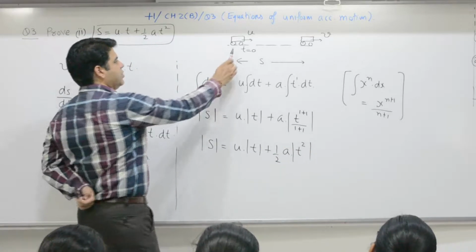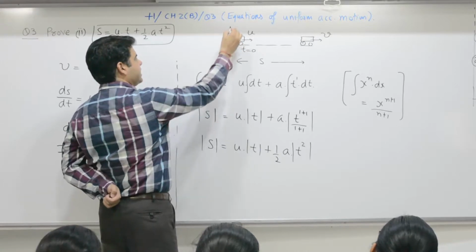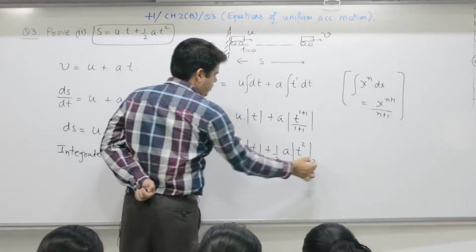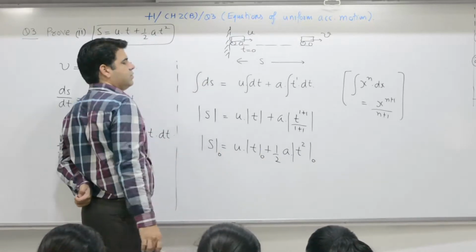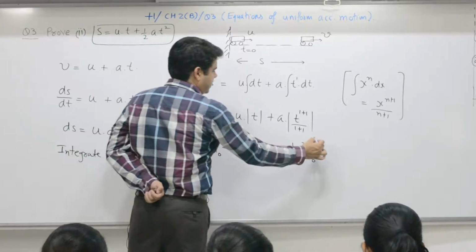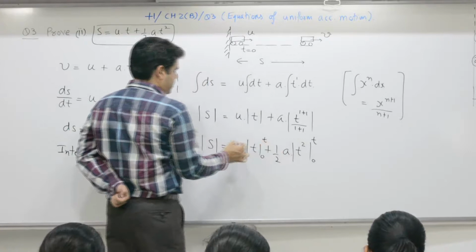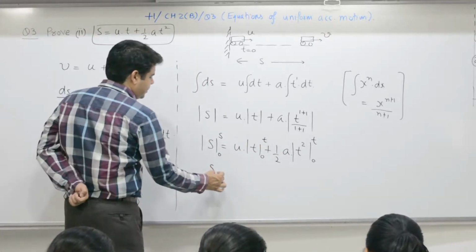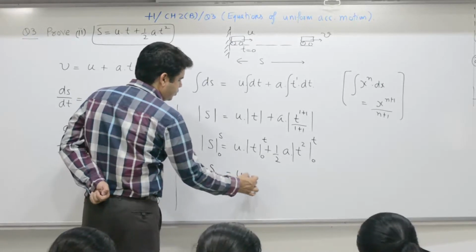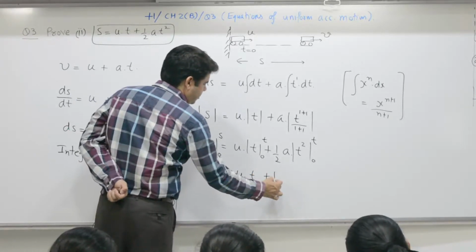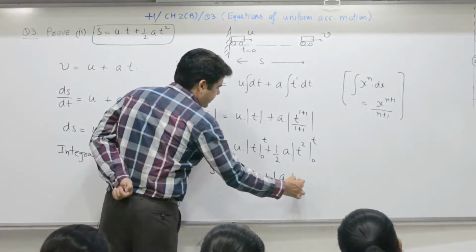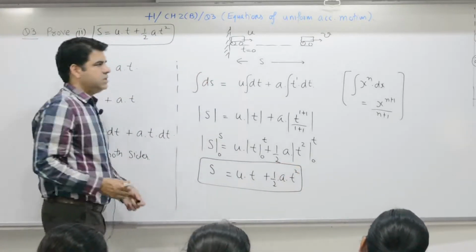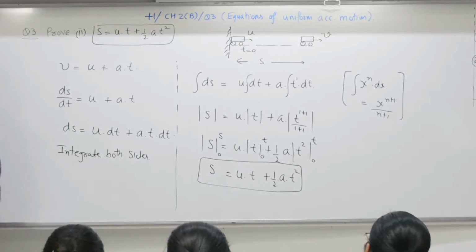When time is 0, if I take this point as a reference, if t is 0, s is also 0. If time is t, this displacement is s. So what you get is s minus 0, that is s is equal to ut minus 0 t plus 1 by 2 a t square minus 0 square. What you get is s is equal to ut plus a half t square.